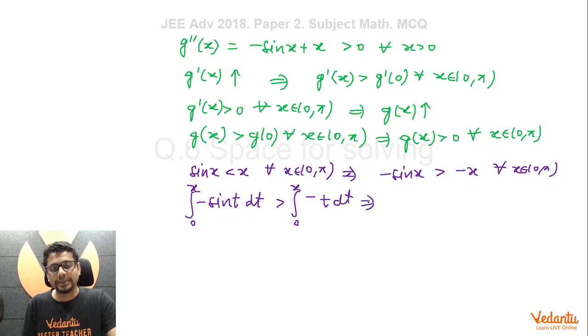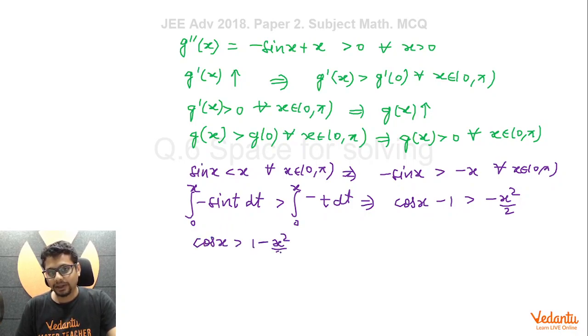So that essentially means cos x minus 1 is greater than minus x square by 2. That means cos x is greater than 1 minus x square by 2. Let me write it again for every x in this interval 0 open to pi open.